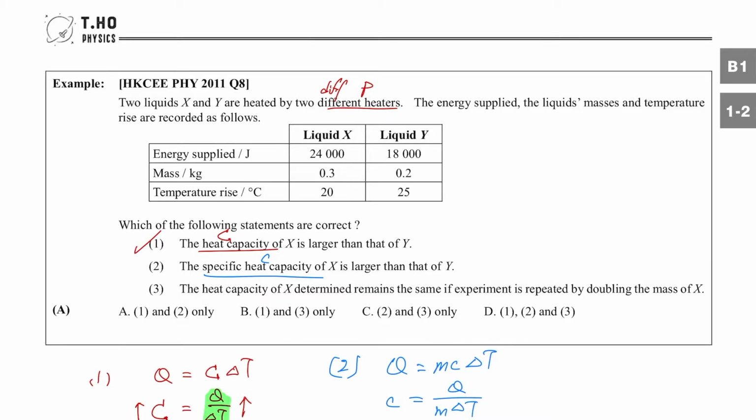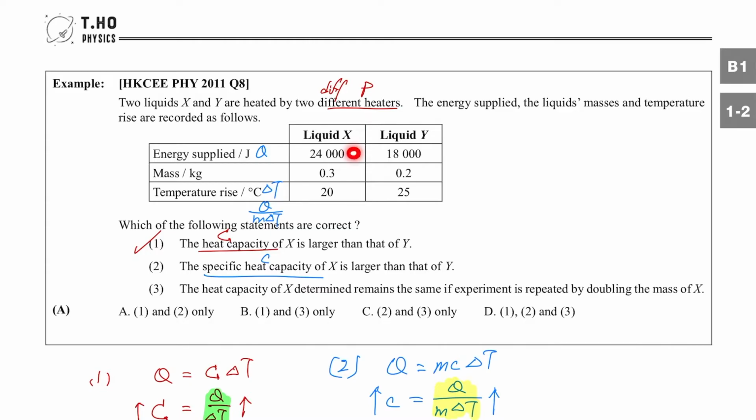Now I would like to calculate the value of Q over m delta T in order to decide which one has a larger specific heat capacity. If this value is larger, then the specific heat capacity will be larger.